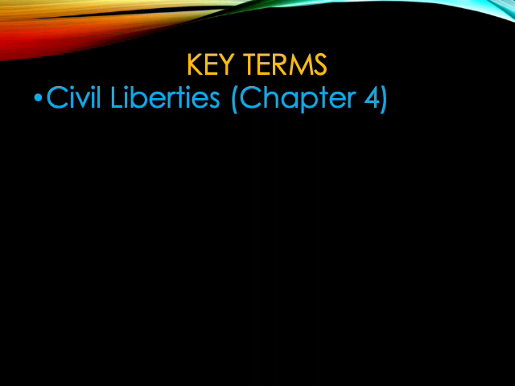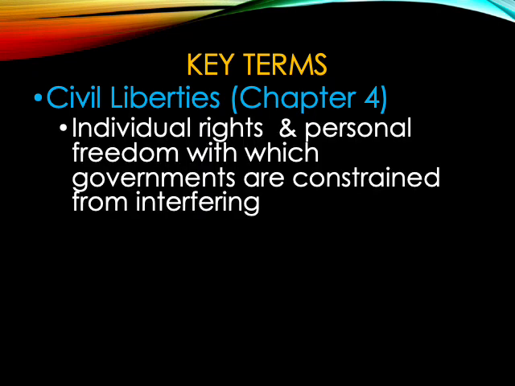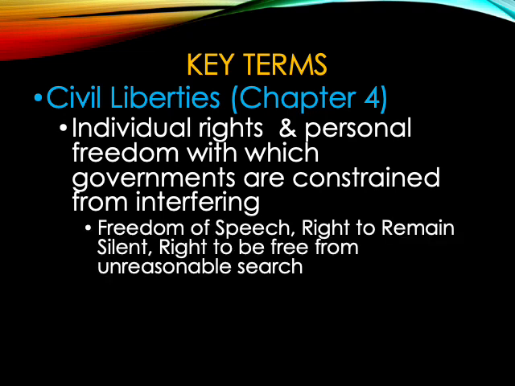So, Chapter 4 is dedicated to learning about civil liberties. So, what exactly are civil liberties? Well, civil liberties are your individual rights. They're the individual rights and personal freedoms with which governments are constrained from interfering. And so when we talk about civil liberties, we're talking about the freedom, and liberty is a word that means to be free, right?